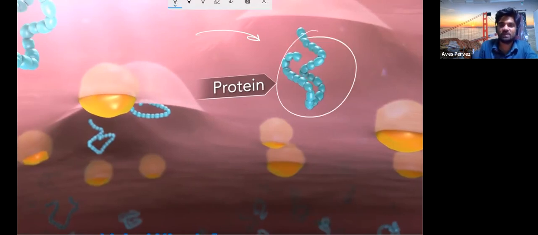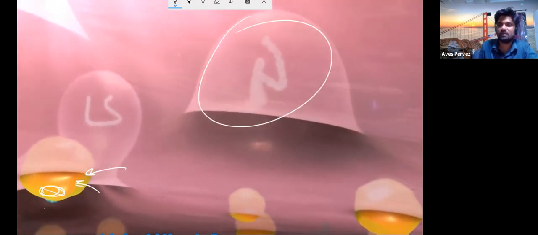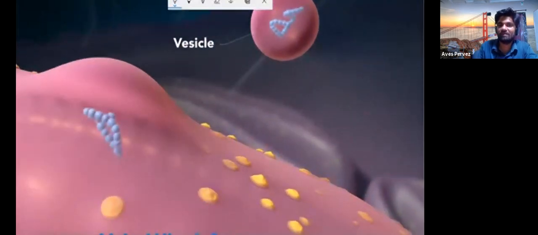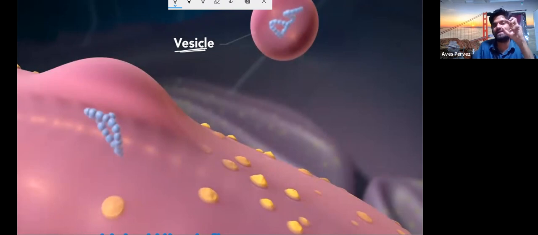Proteins and other materials emerge from the endoplasmic reticulum. We call them vesicles. This is the vesicle, dear student, a ball-like or sphere-like structure in which the protein molecule is packed. So the endoplasmic reticulum helps in the packaging of the protein that is synthesized by the ribosomes attached to its surface.